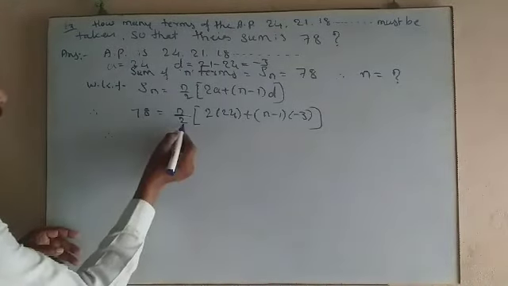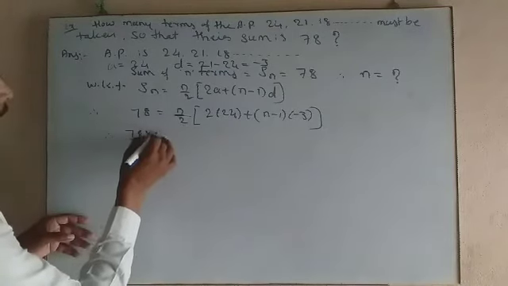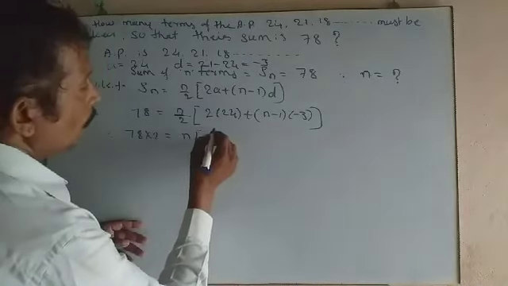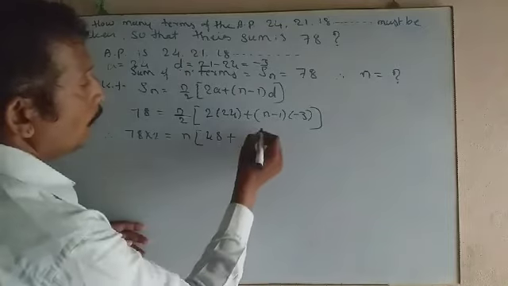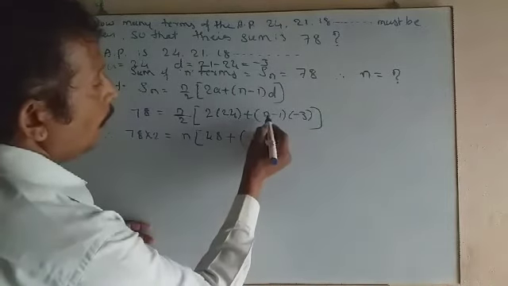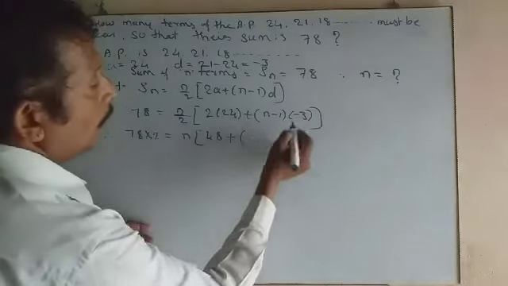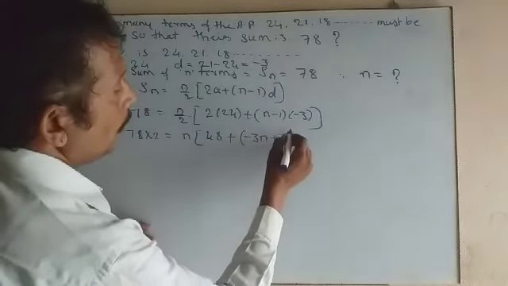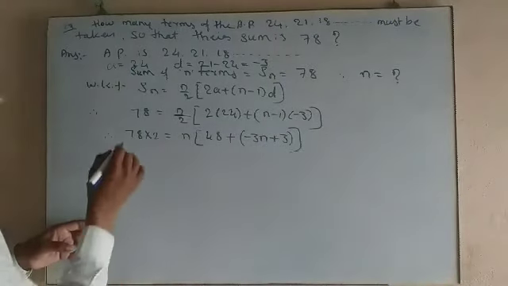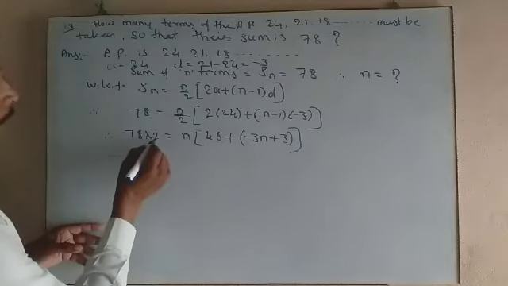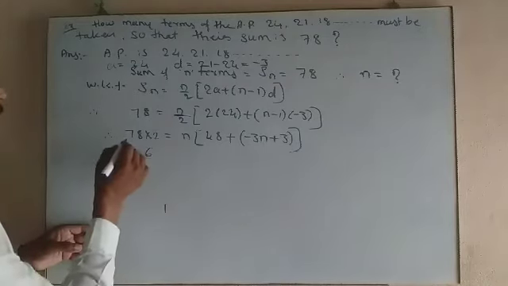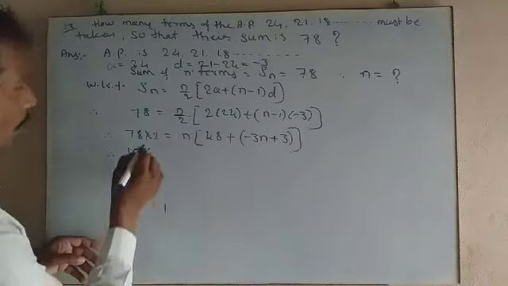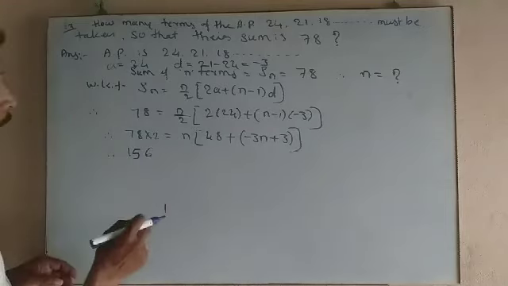Now take this 2 to the left side. 78 into 2 is equal to n into bracket 24 into 2, 48, plus bracket, multiply n minus 1 with minus 3. n into minus 3 is minus 3n. Minus into minus is plus. 3 into 1 is 3. Therefore, 78 into 2 is 156.